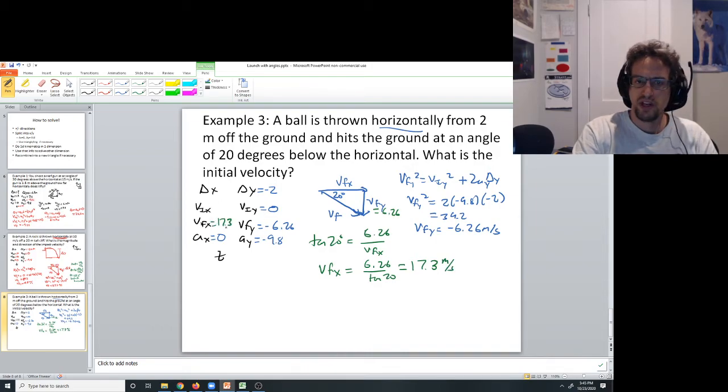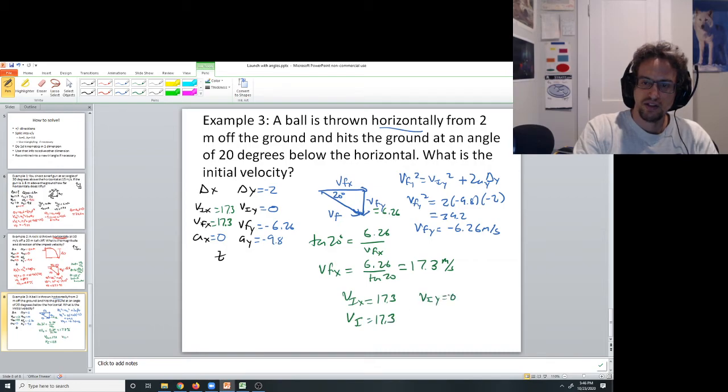Now normally I would need a third value. I could solve for time with y in order to get v initial x. But I actually don't need to this time, because the acceleration is 0, these two values are the same. So v initial x is 17.3. And that means v initial is 17.3, because v initial y is 0.